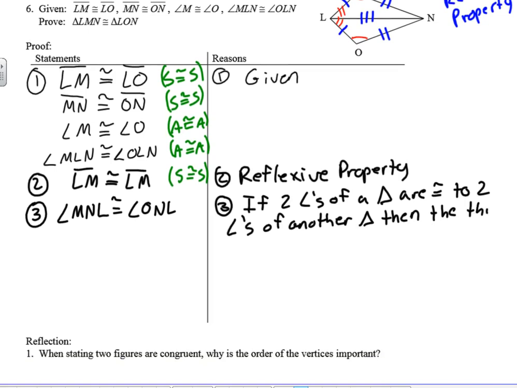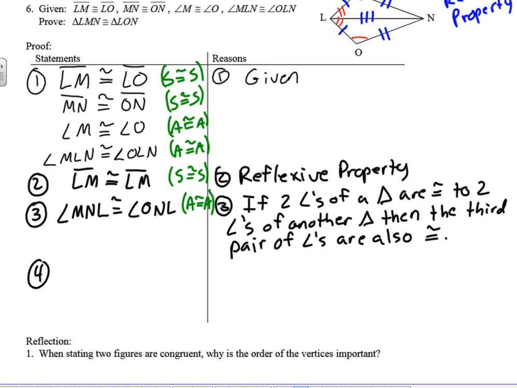So then the third pair of angles are also congruent. All right, what did we accomplish with that statement? Well, we've got an angle congruent to an angle. So now that we have made statements where we've shown all sides are congruent, all 3 sides and all 3 angles, we can say the thing we're trying to prove, which is triangle LMN congruent to triangle LON.